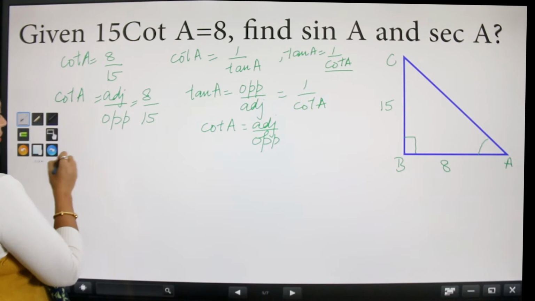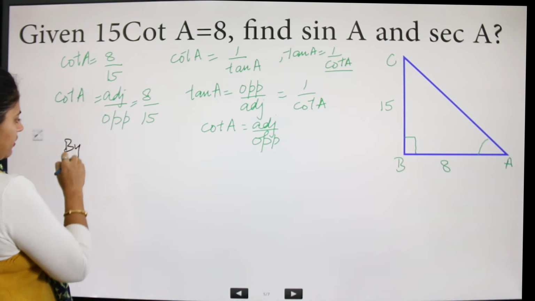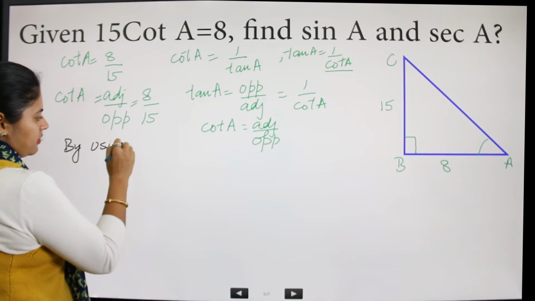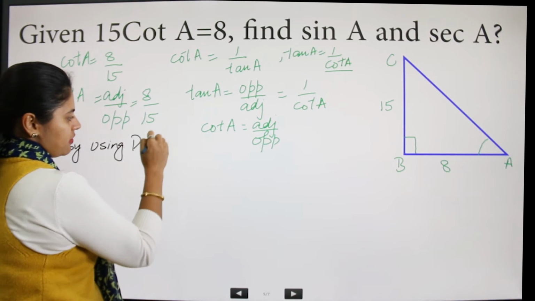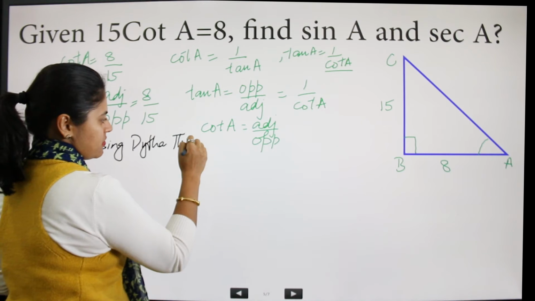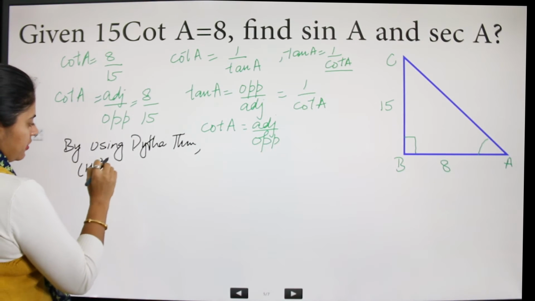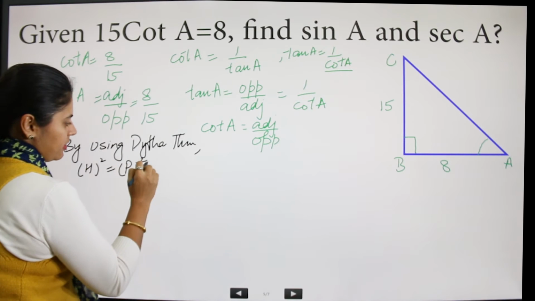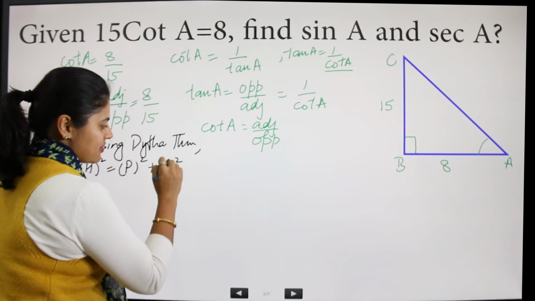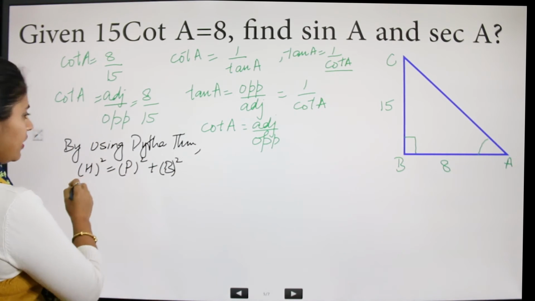So by using the Pythagoras theorem, we have hypotenuse square is equal to perpendicular square plus base square, or you can say the adjacent and opposite squares.